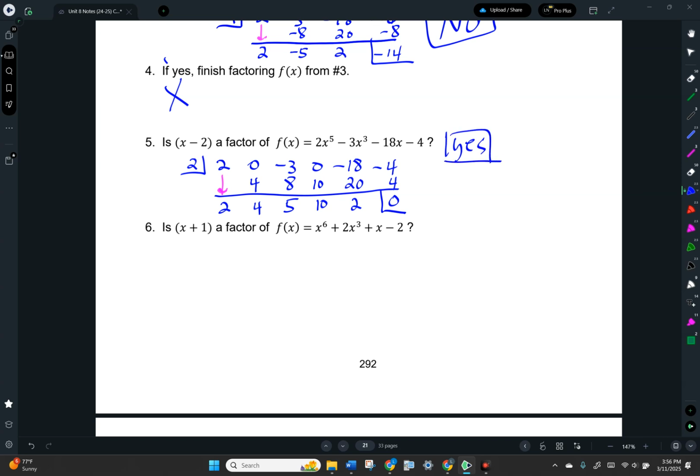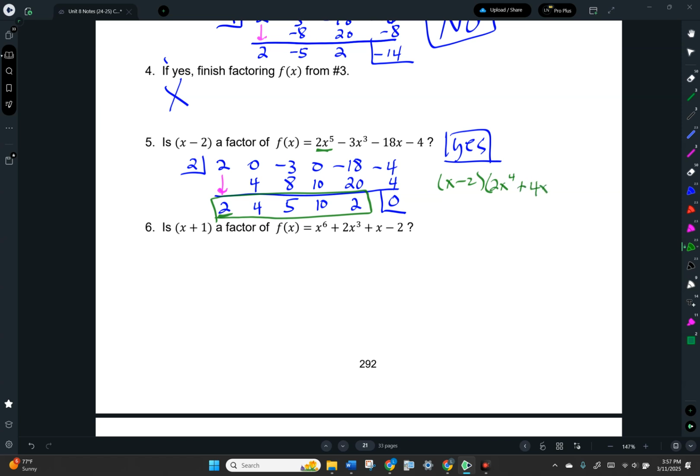So if I were going to write the factored form, I have the original one, which was the x minus 2. That was the one they started with. And then remember how I said these numbers represent the other factor. Since this one started with x to the 5th, that means this 2 is going to start with x to the 4th. So I'm going to have 2x to the 4th. And then you just keep decreasing by 1.